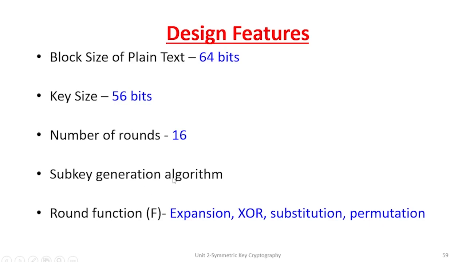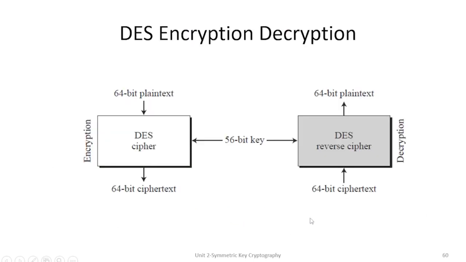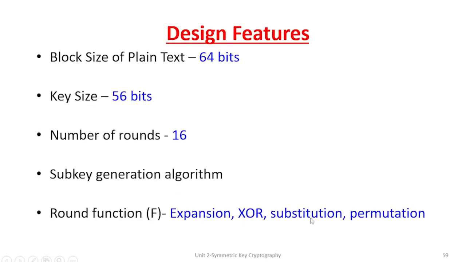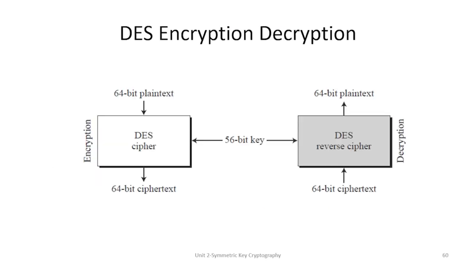There are different subkey generation algorithms available, and four basic operations are performed under the round function, namely expansion, XOR operation, substitution, and permutation. Another name for transposition is permutation. So in the forthcoming videos, we will only say permutation instead of transposition. You should be aware of the term.